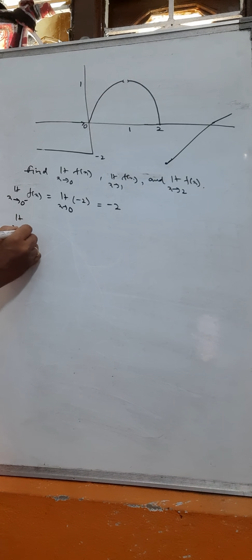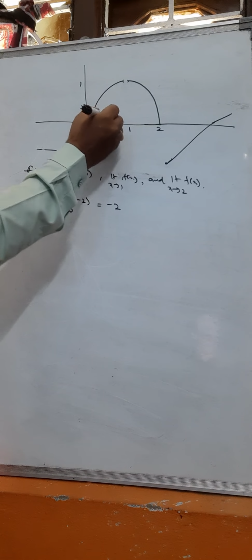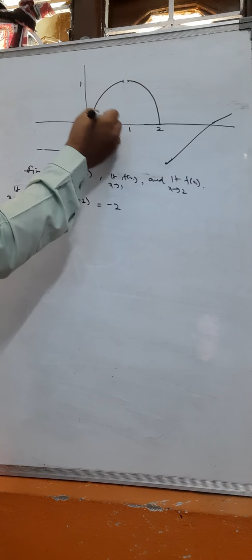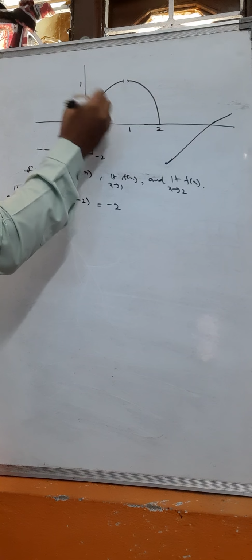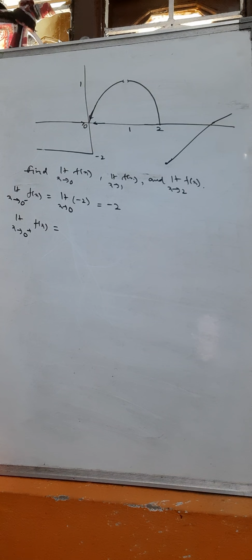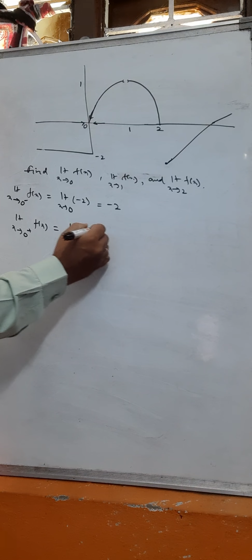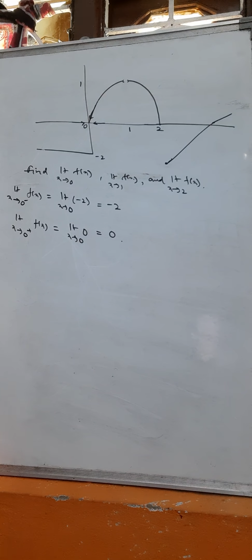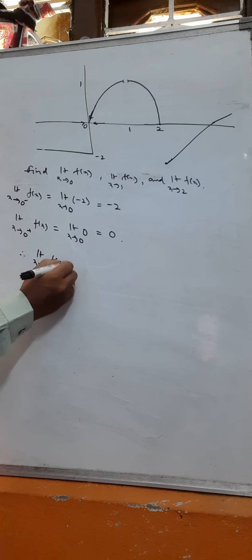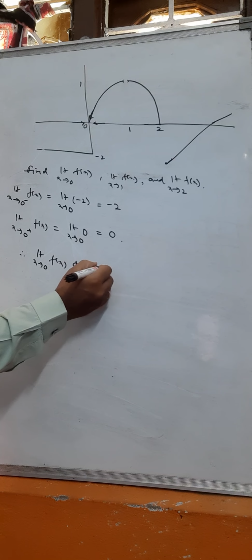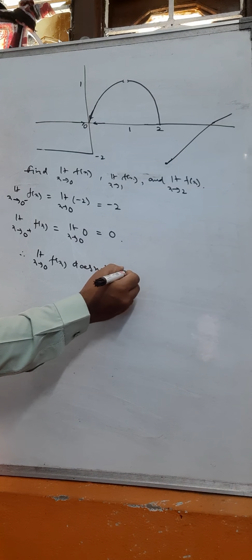Limit x tends to 0 plus f of x: x approaches from the right side, the function approaches 0. So this is 0. So LHL is not equal to RHL. Therefore limit x tends to 0 f of x does not exist.